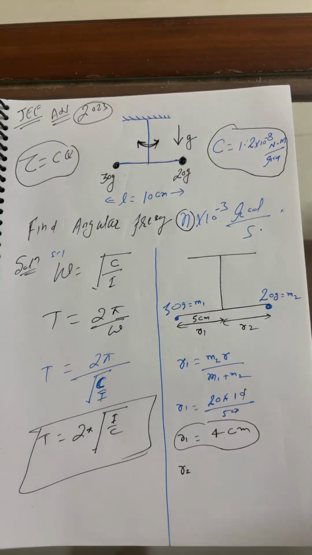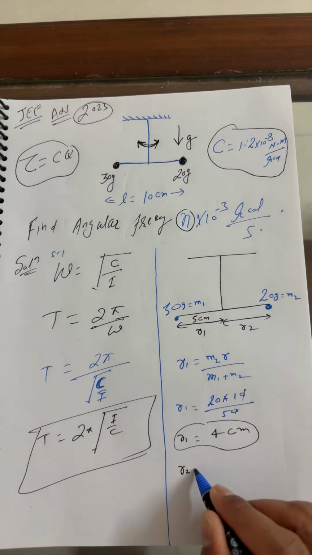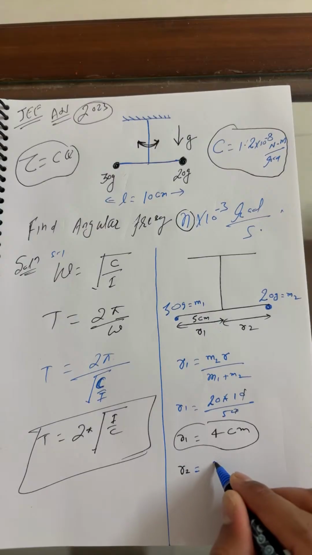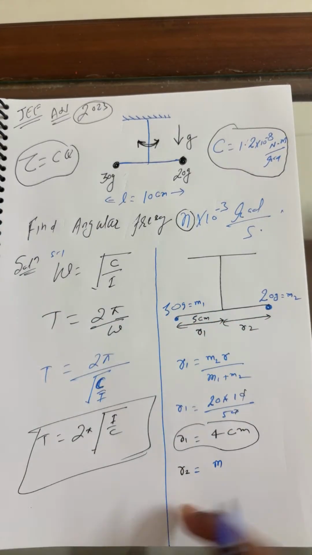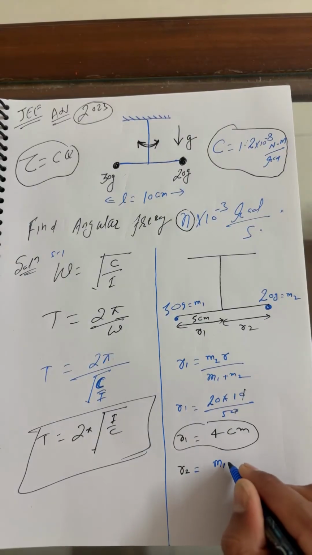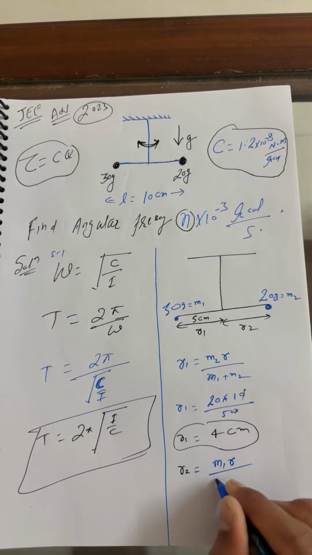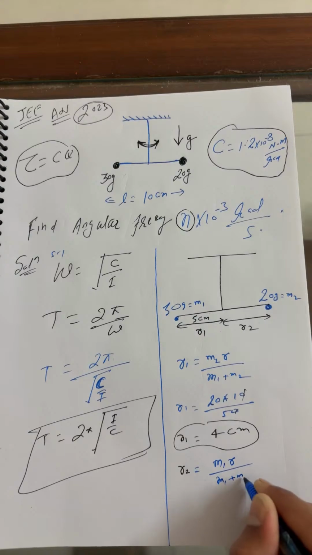The formula is very important for advanced or any competitive examination. Formula is a superhero. So R2: if you are finding R2, then you have to forget M2. So M1 into R upon M1 plus M2.